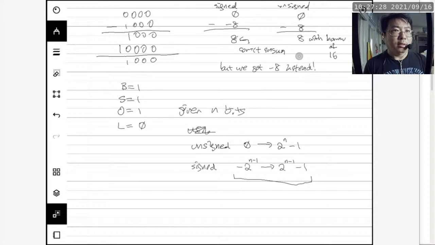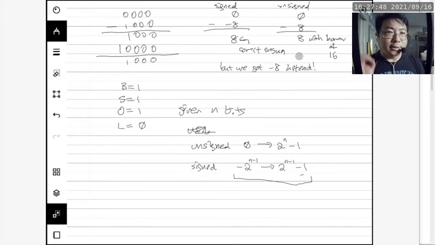All right, so let me say that one more time. If you look at the minuend and the subtrahend as signed values, we don't have to worry about those two overflowing because we know that x and y have to fall within the range that we are talking about here.